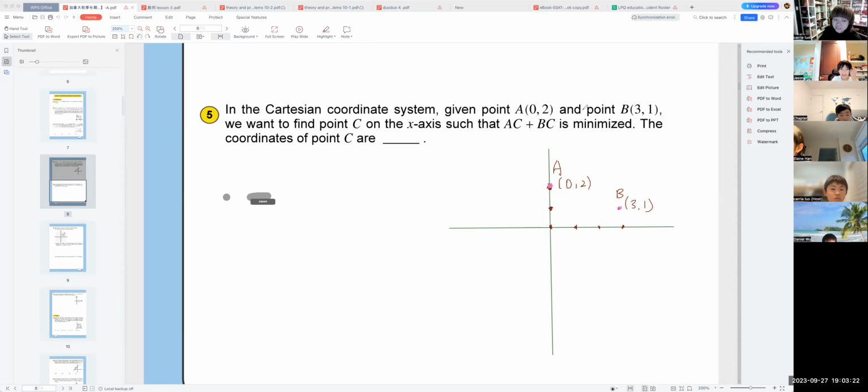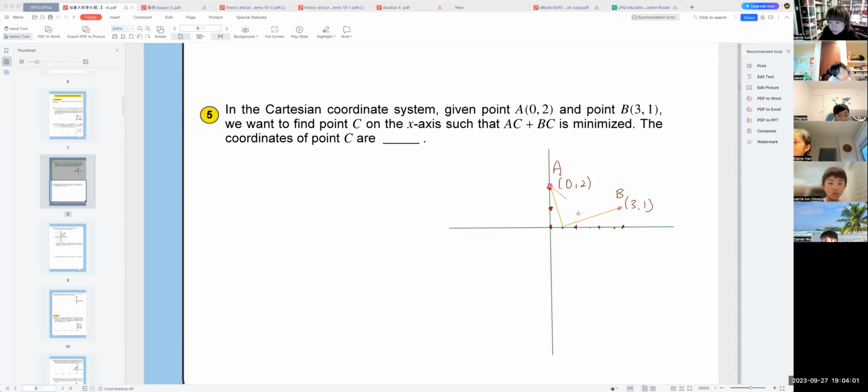I don't want to deal with you. Okay, have the two of you drawn A and B? It says, we find out C is on the axis such that AC plus BC is minimized. Okay, everybody, this problem is very interesting; once you learn this, you can do all such problems. Look, this C is on the x-axis. This C could be here, here, or here. Okay, so I'm just going to draw a line to represent C. If C is here, AC plus BC will be something like that.